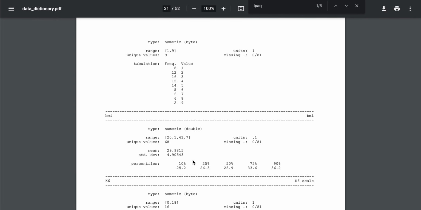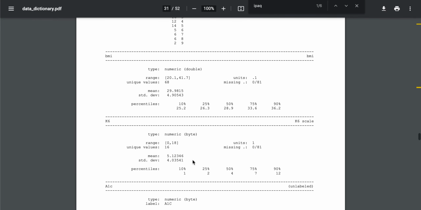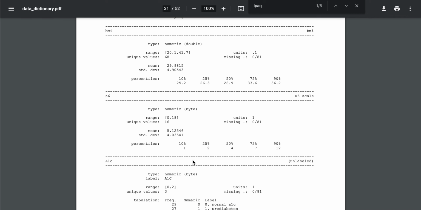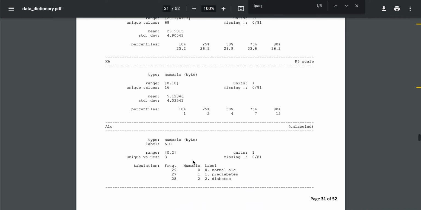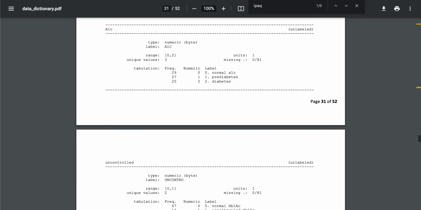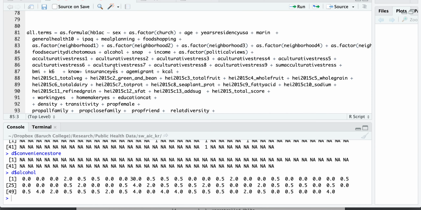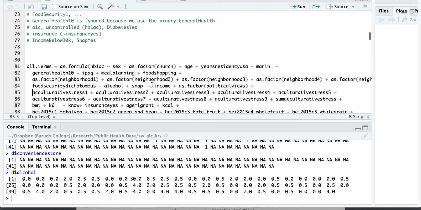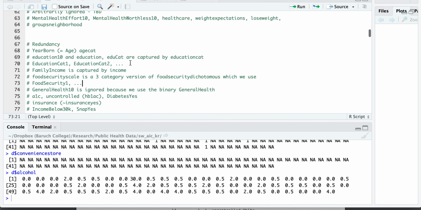And then we have BMI, we have K6 scale, we have A1C. So what happened to A1C?